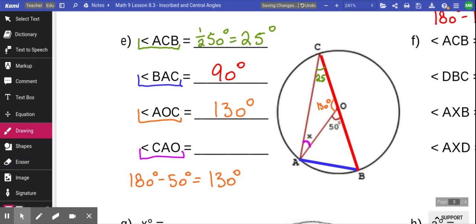So if I go 180 and subtract the other 2 angles, which are 25 degrees and 130 degrees, it will give me my last angle of X. That should be, I think, 25 degrees. 180 minus 130 minus 25 is 25 degrees. Awesome.